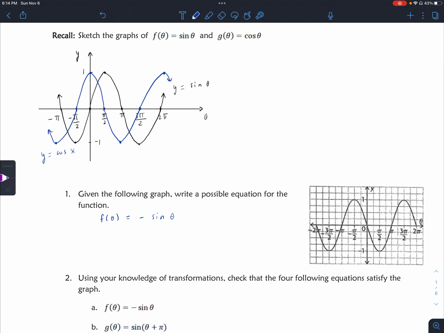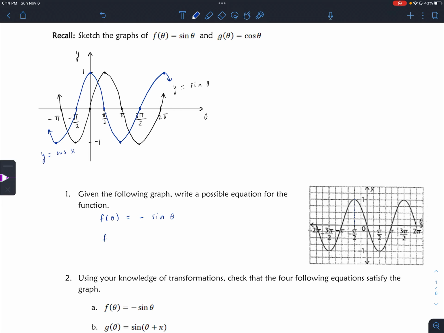Now we can also write it in terms of cosine, because we could also write a cosine equation for this. Normally cosine starts at 0 and 1, but here it looks like it's being translated pi over 2 radians to the left.